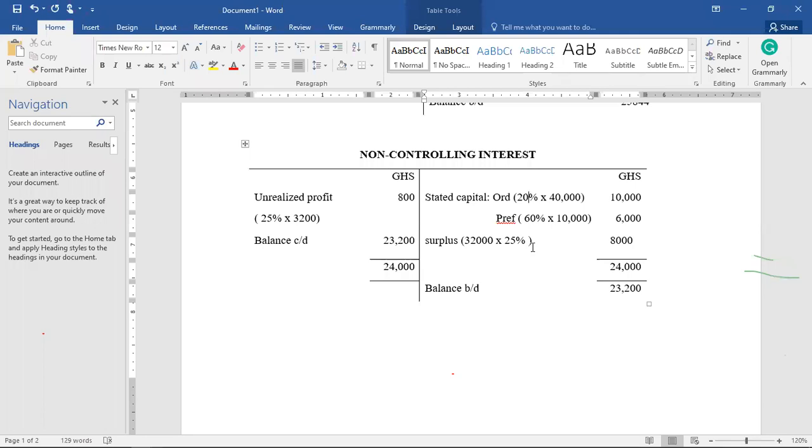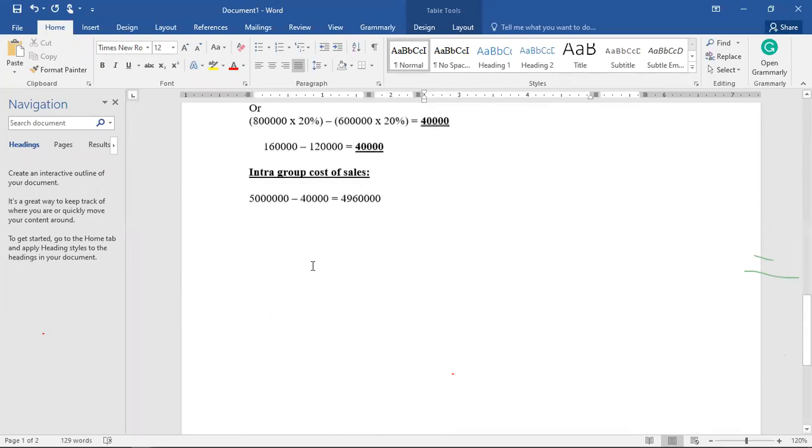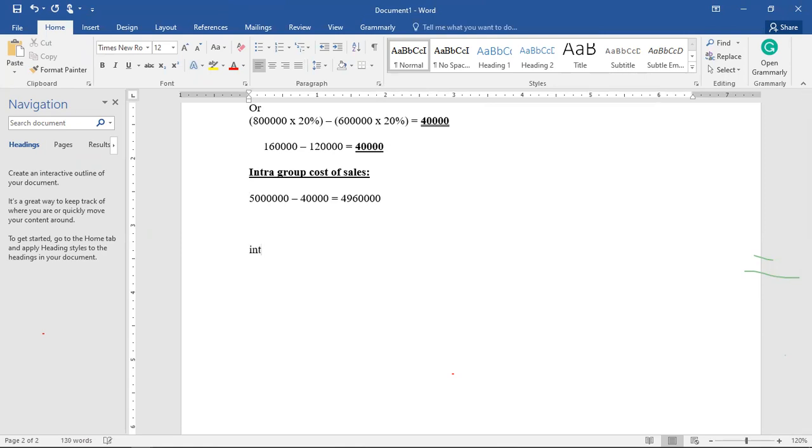But now when you come here, what you look out for is to calculate the dividends. So I come here and then I say intra-group dividends. Now, I want to know the total dividend to be payable by the subsidiary.